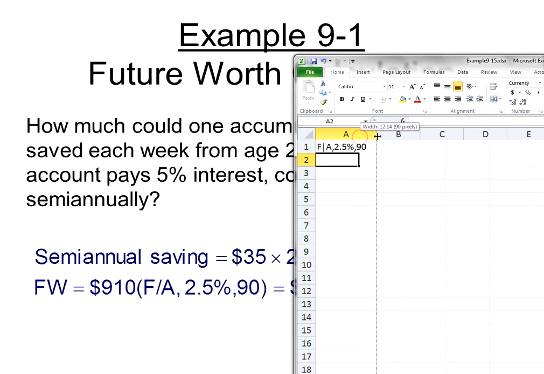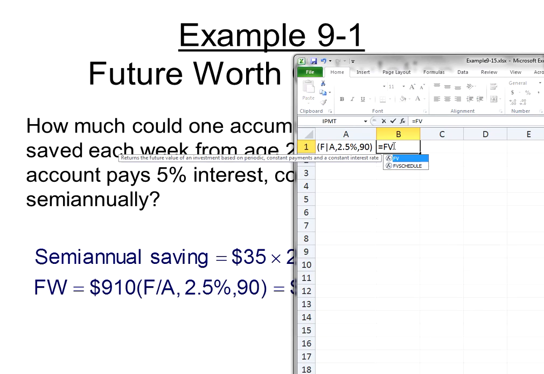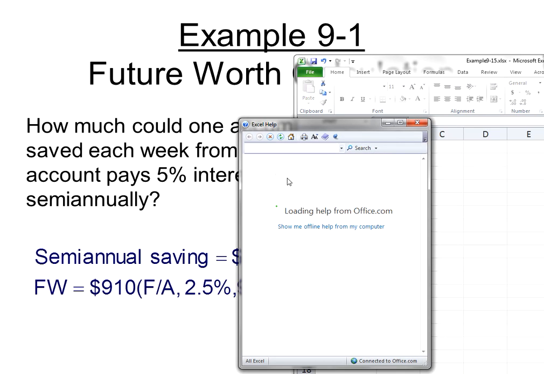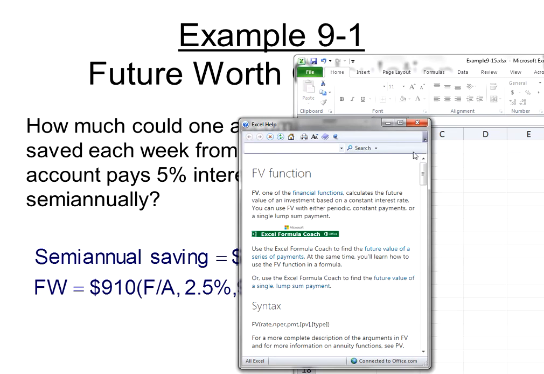If this is what I wanted to find, I can do it simply like this. I can use a future value, right? Because we're looking for future value. So FV is this function, right? And you can look it up if you wanted to. So FV function is the function that gives us the future value.